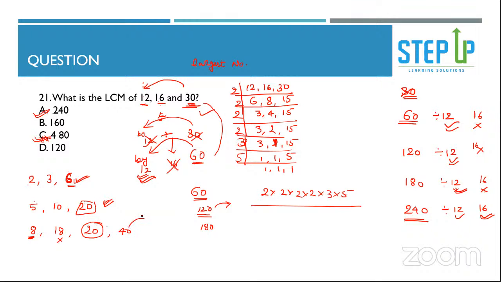So now let's move to the multiples of 40. 80, not divisible. 120. Is 120 divisible by 18? No. 160 divisible by 18? No.